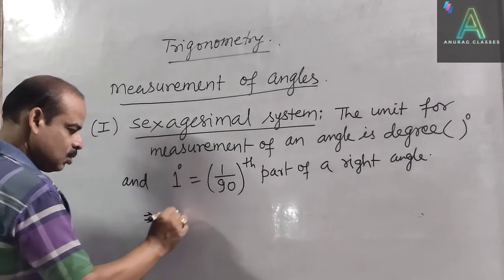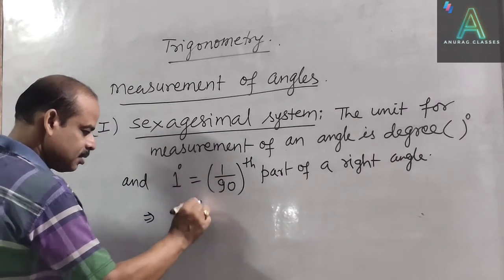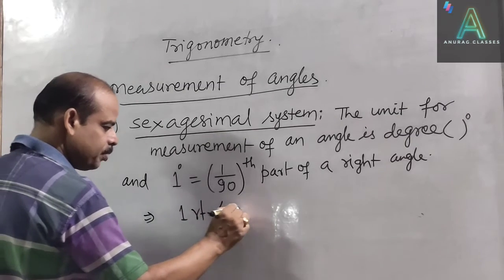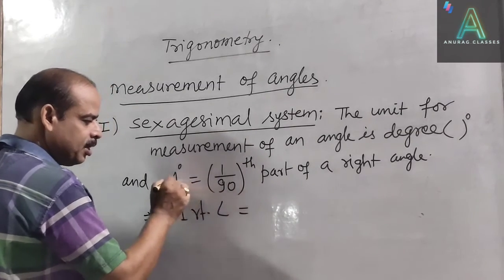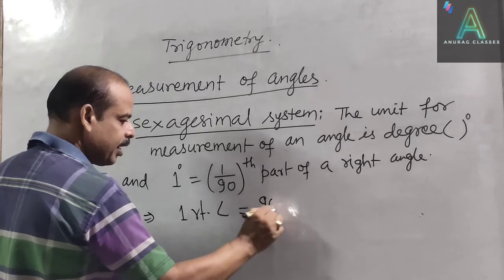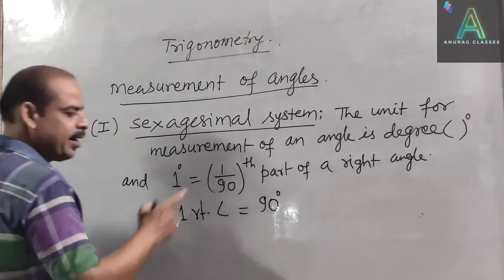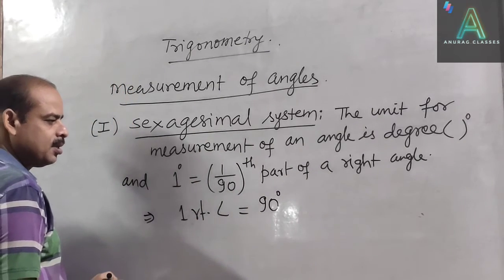It means one right angle comes to be 90 multiplied by 1, so 90 degree. One right angle is equal to 90 degree.